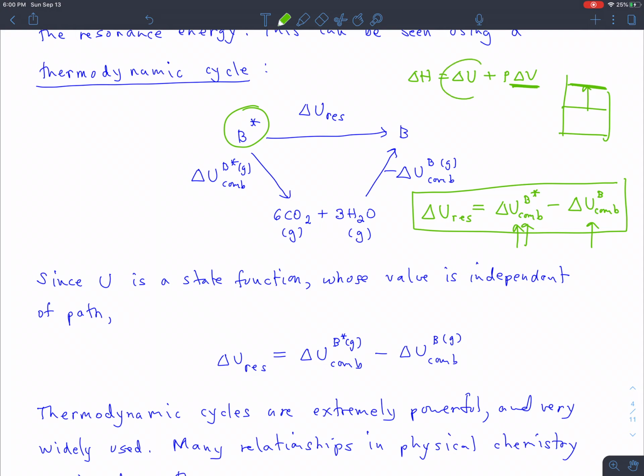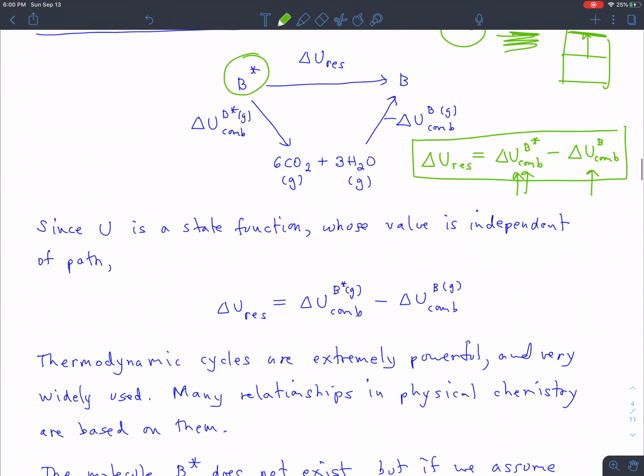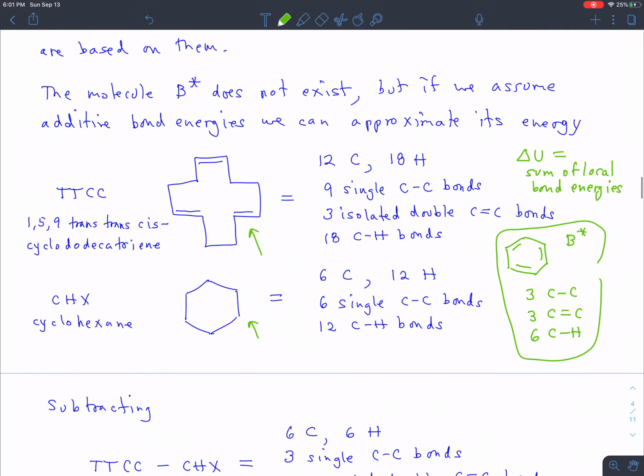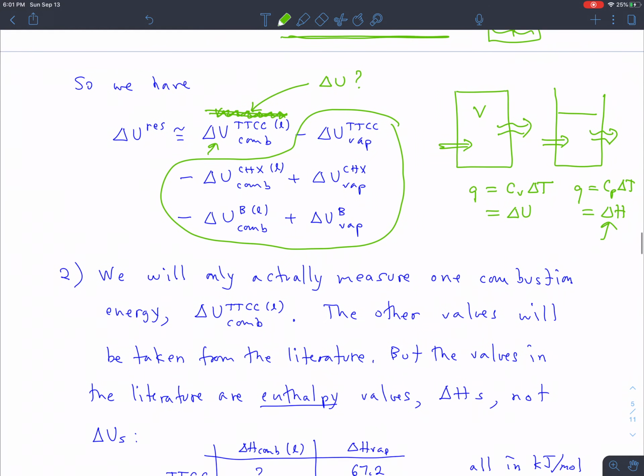And we don't want that. We just want the delta U value. We don't care about any work terms that come from pressure and volume. We want to know what the actual microscopic energy difference is between this localized molecule and the delocalized true benzene molecule. And so we need delta U values in order to do what we're trying to do. And that's why we're using a bomb calorimeter to actually make the one measurement that we're making.